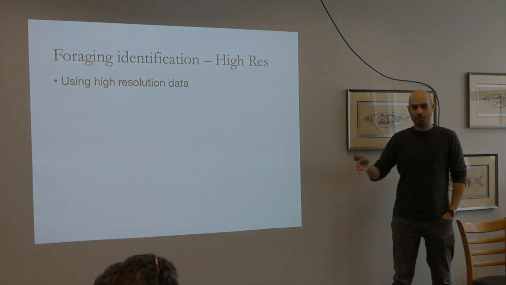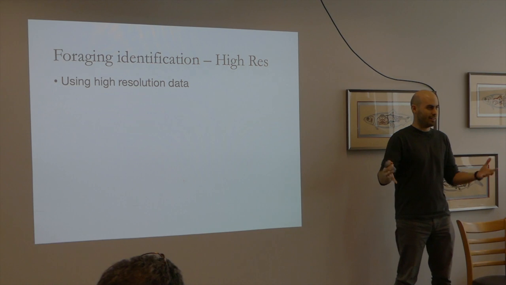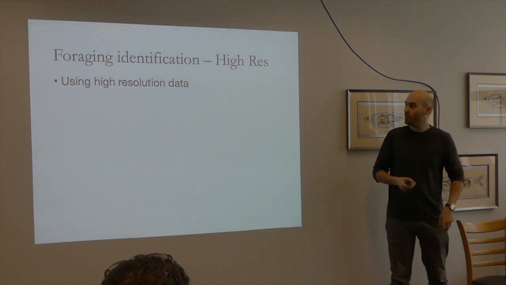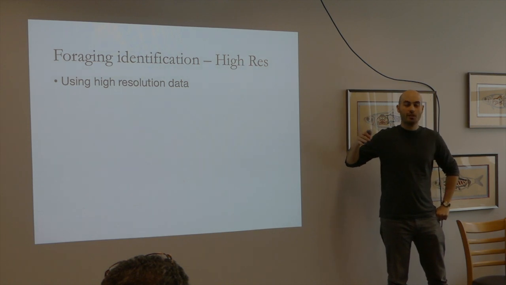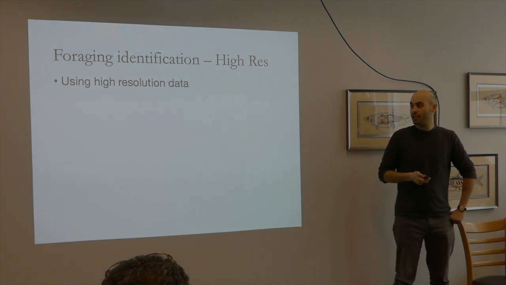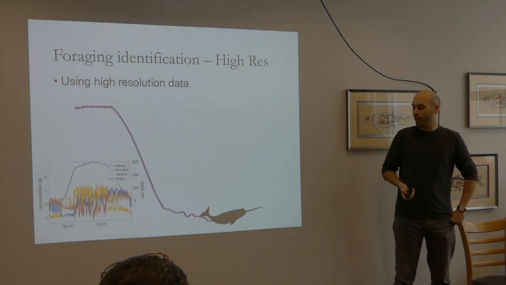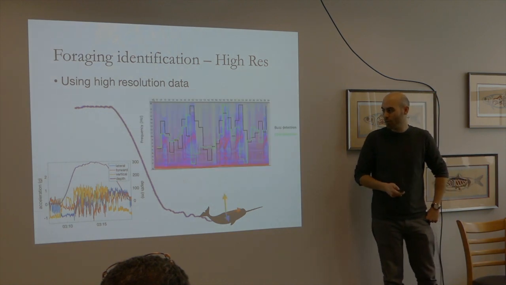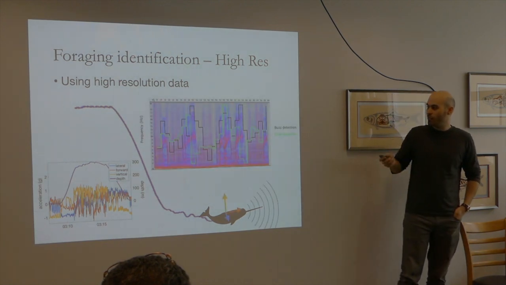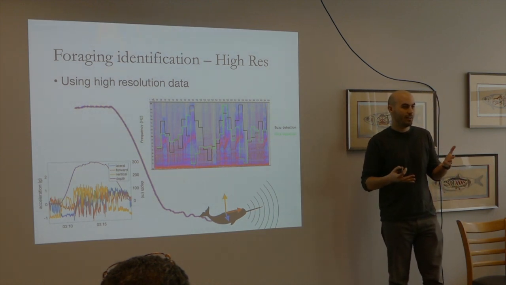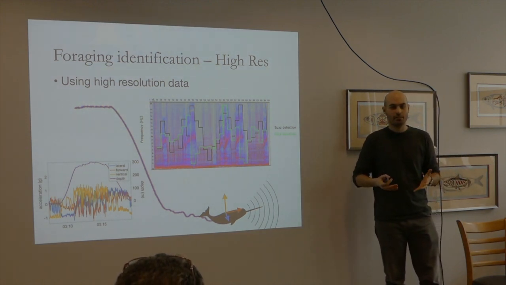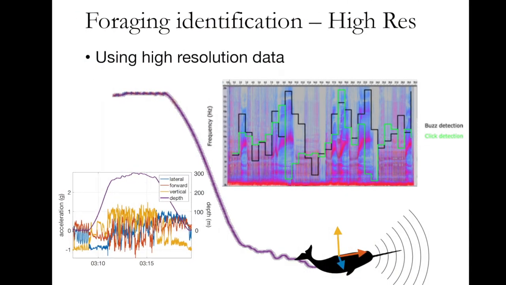I'll be using a two-step process to study narwhal foraging. The first is to identify what foraging looks like using high-resolution data. Using the dive profiles, the triaxial accelerometers, and buzz and click detection from the hydrophones, we can fairly accurately identify foraging attempts.